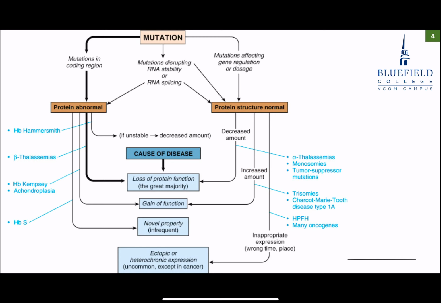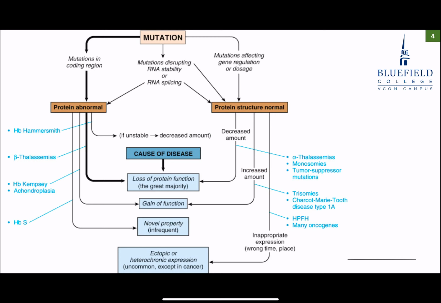What about when the protein structure is normal? What does it mean? It means, again, that the structure is preserved, but the amount of the protein is either decreased or increased, or there might be some inappropriate expression, which means that the protein is expressed at the wrong time or place. So for decreased amount, there are some examples listed here.